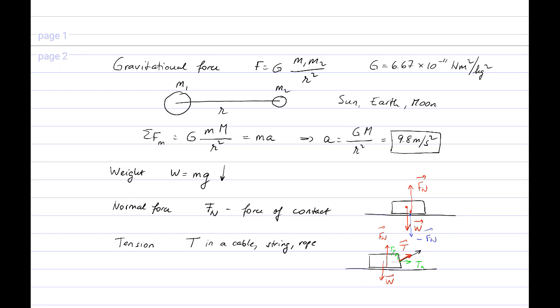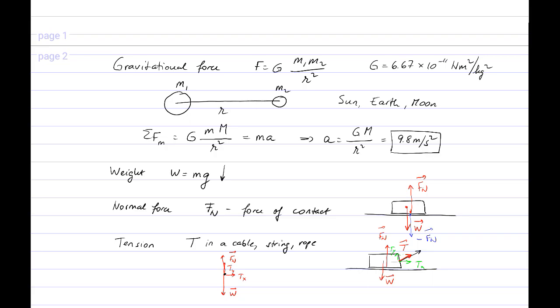If I were to draw what we call a free body diagram, where we only draw the object as a dot and then put the forces acting on that dot, then I would have the weight going down, I would have the normal force going up, I would have the y component of the tension going up, and the x component of the tension going to the right. So these are the forces then that act on the object.